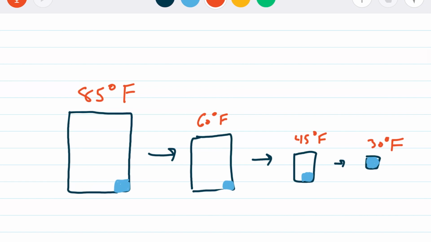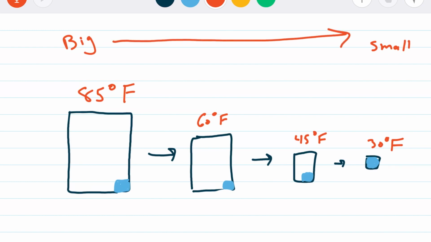So over here I have my biggest one at 85 degrees Fahrenheit, and over here I have my smallest at 30 degrees Fahrenheit, which if you could figure out the relationship, the warmer the air, the larger it is. So as I go from 85 degrees down to 30 degrees Fahrenheit, my parcel of air shrinks.